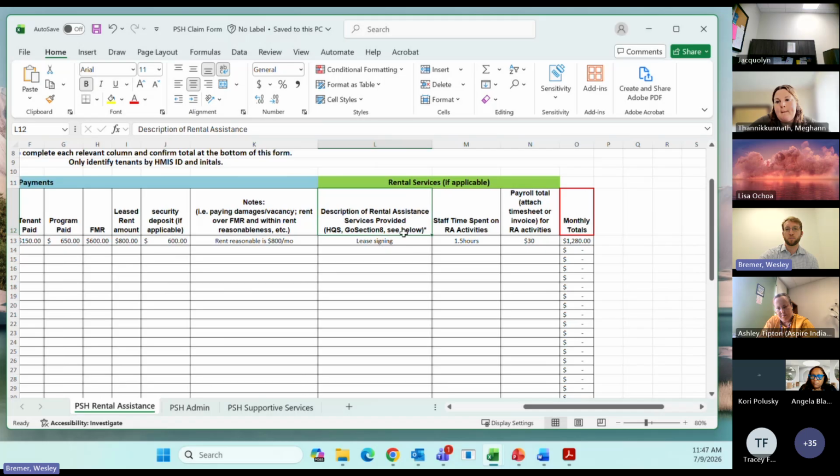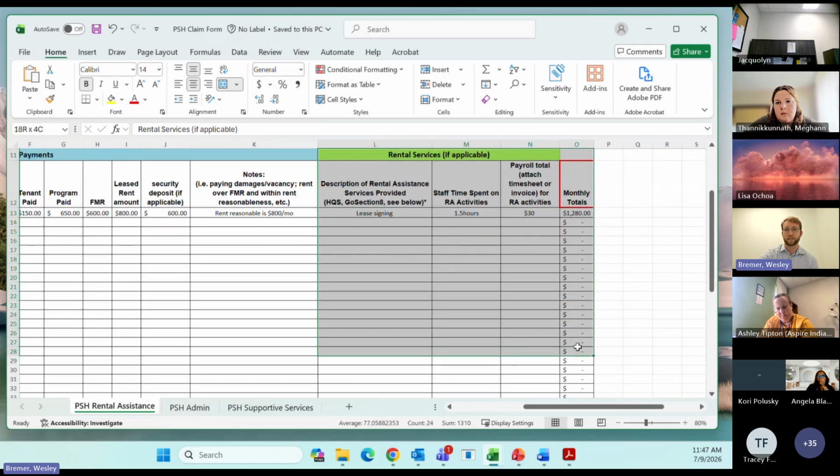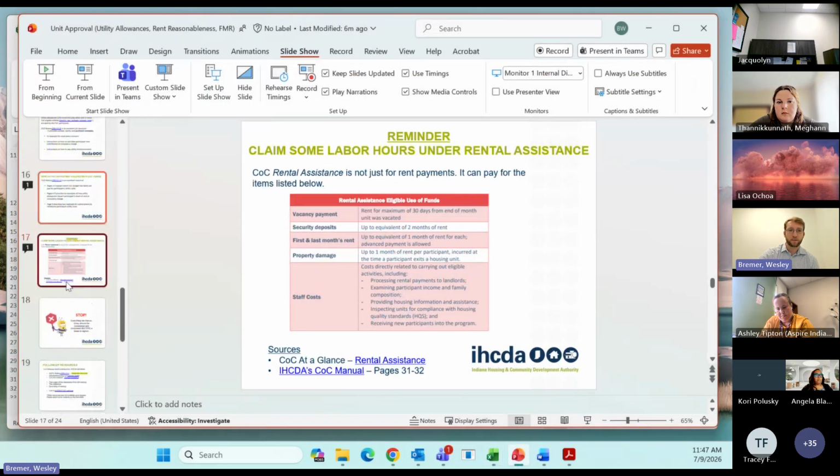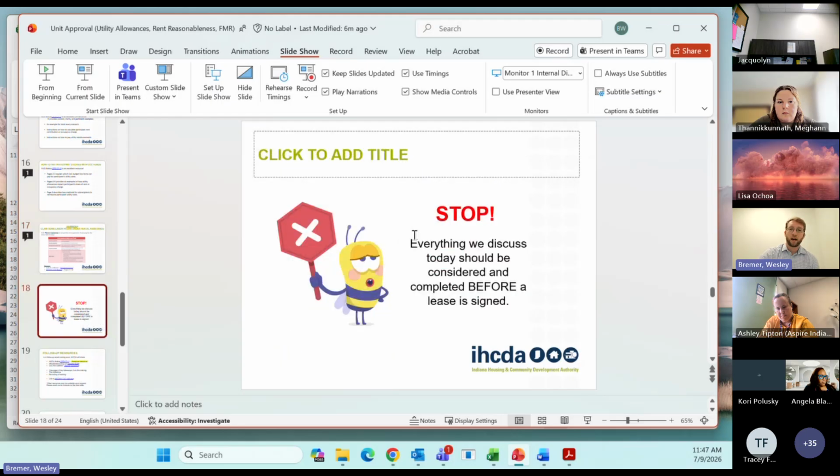So that's just a little plug. We want you to maximize what you're getting reimbursed by the grant. We don't have a strong suspicion, but we had a hunch that maybe some of our subrecipients aren't utilizing this as much as they could. So, a gentle reminder.